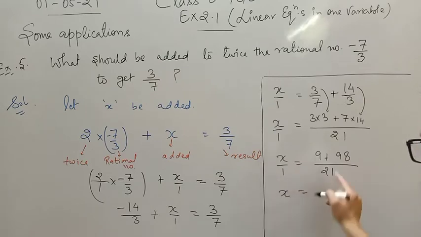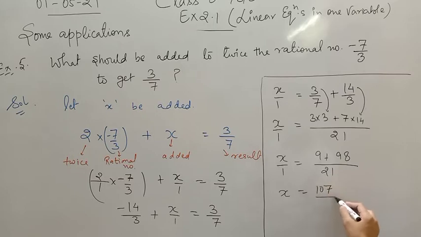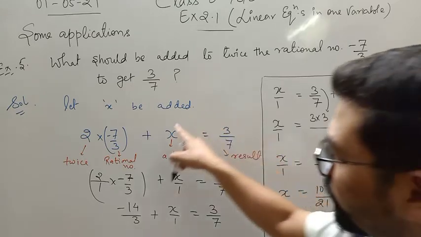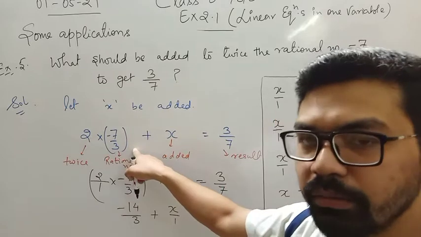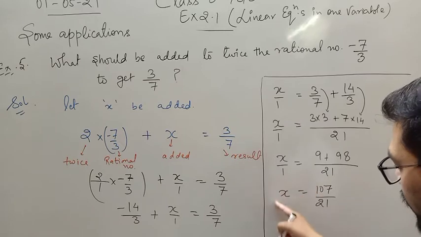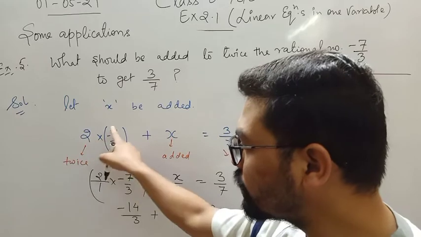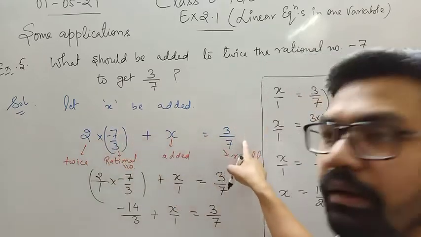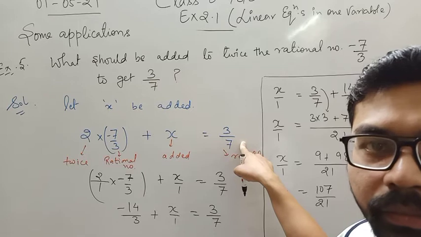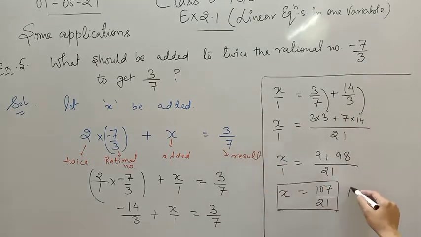So x is equals to 9 plus 8 is 17, 9 plus 1 is 10, divided by 21. So x is equals to 107 upon 21. So this value must be added to twice this rational number so that I'll get 3 upon 7. So if I add this value 107 upon 21 to twice of this rational number, then only I'll get 3 by 7 in the result. Any doubt in this? If not, please note it down fast.